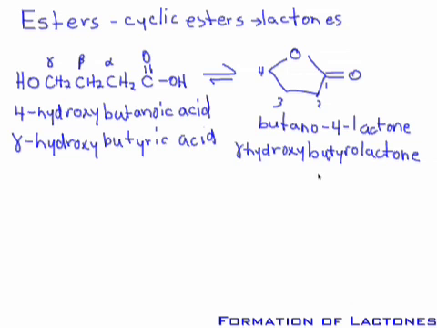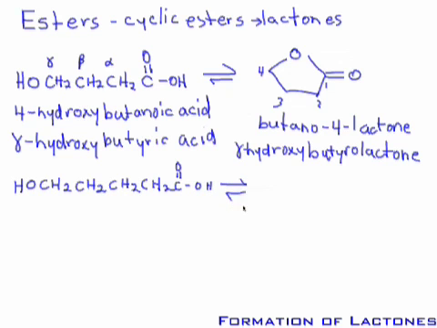If I try 5-hydroxypentanoic acid, that is, I add one more CH2, I can react it in acid, and I will produce a 6-membered ring. What is called pentano 5-lactone.